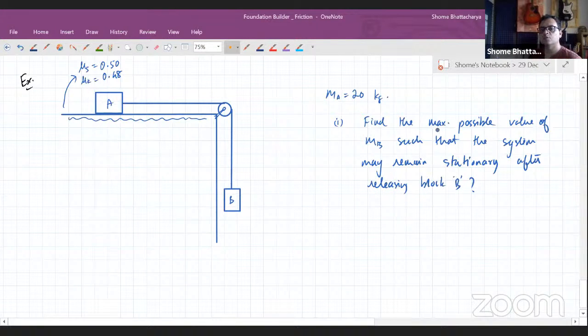So what is the maximum possible mass of B, MB? This we have to find.